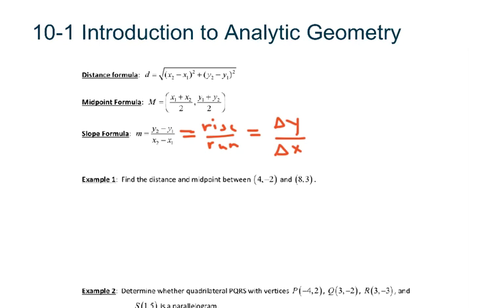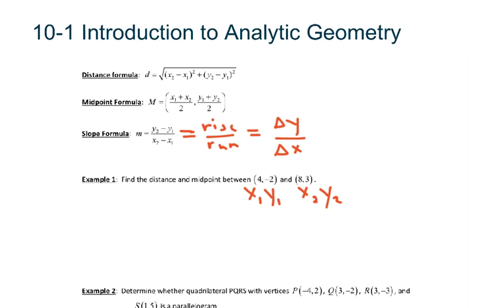So in example 1, we're just going to review really quickly how to use the distance and midpoint formulas. The nice thing about the distance formula is it doesn't matter which ordered pair you call x1, y1 and which you call x2, y2. What I normally do is I call the first ordered pair x1, y1 and the second one x2, y2.